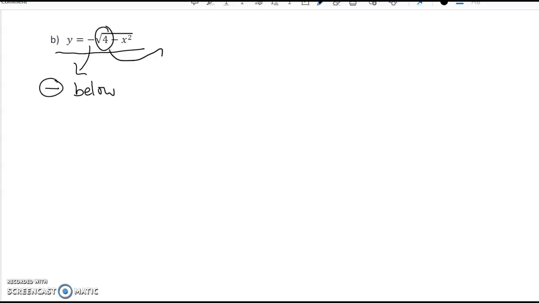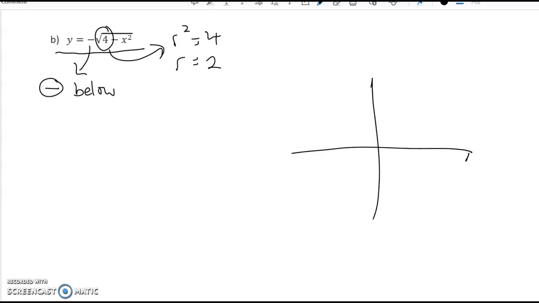And this number here tells us that r squared equals 4, so the radius equals 2. So this is going to be the semicircle that's below the axis. And it's going to go to 2, minus 2, and it'll look something like that.